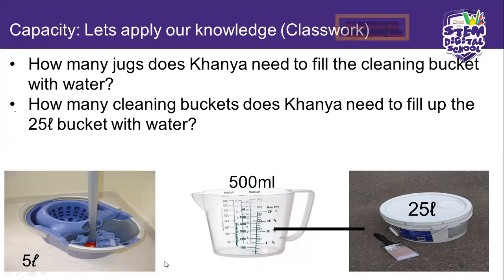Then it means that we are going to need 5 cleaning buckets to fill the 25 liter. I see Pilisiwe there as well. Chevelle, Sa, Khudi, do you see why we get 5? 5 multiplied by 5 gives you 25.